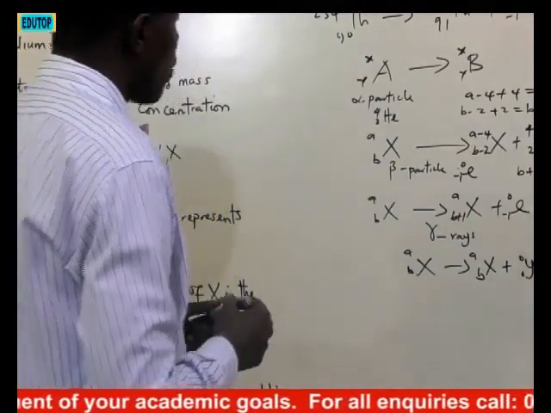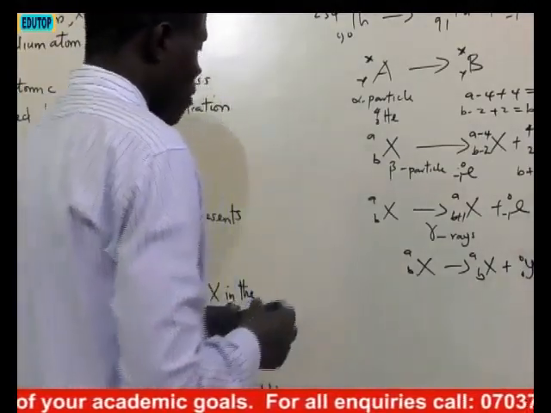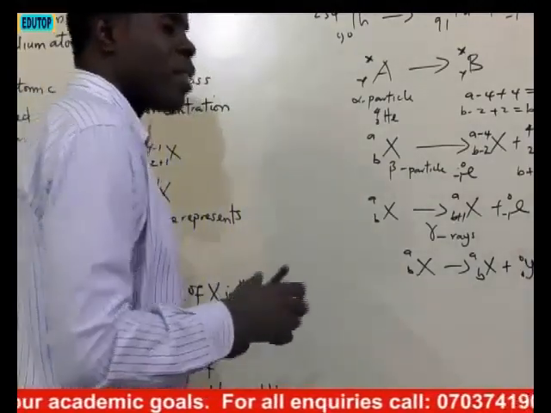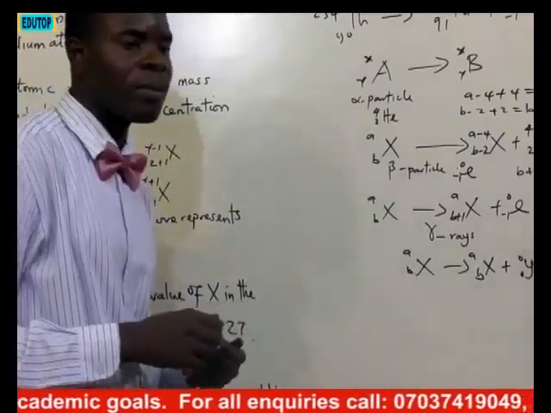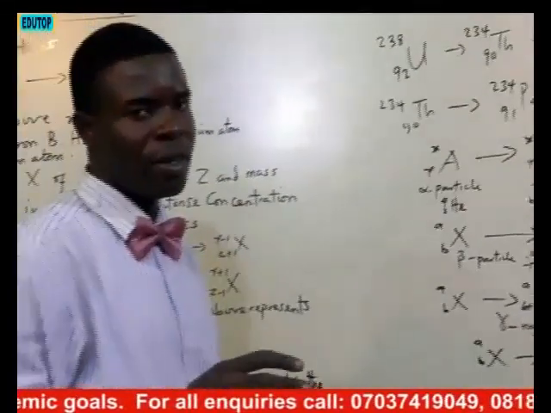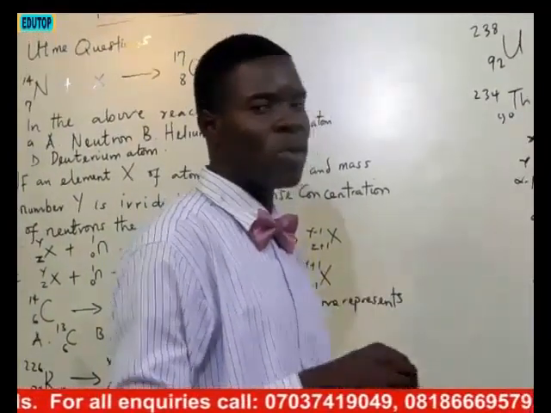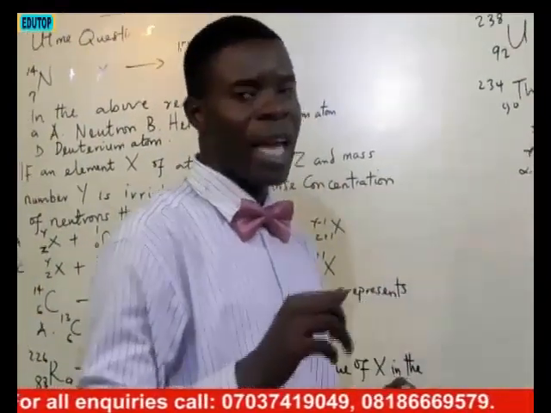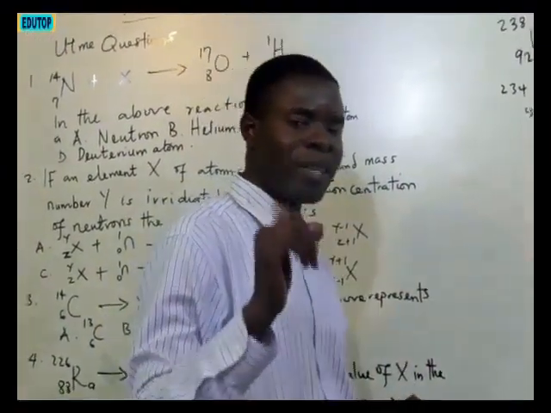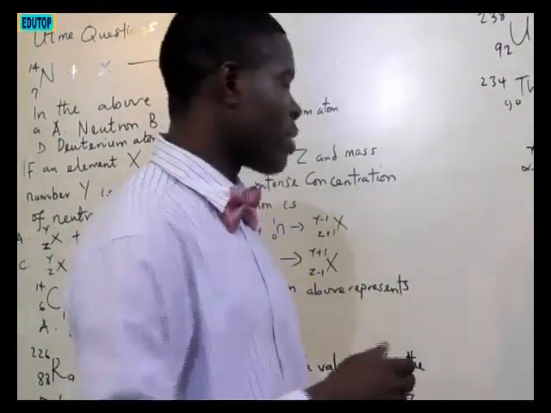And also, I want to use this opportunity to explain half-life. Half-life is the time taken for half the mass or the amount of the radioactive elements initially present to decay. That's half-life.